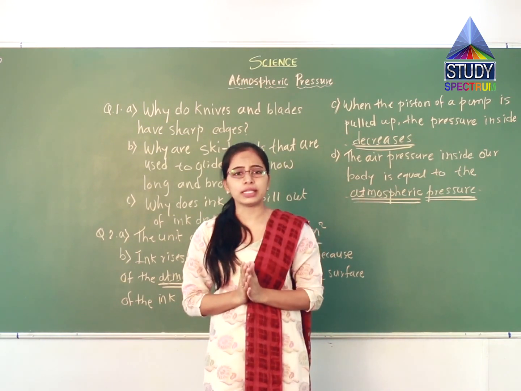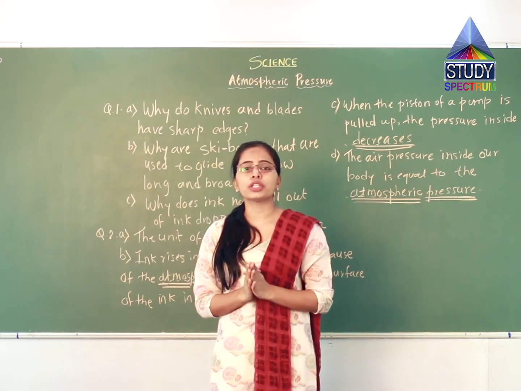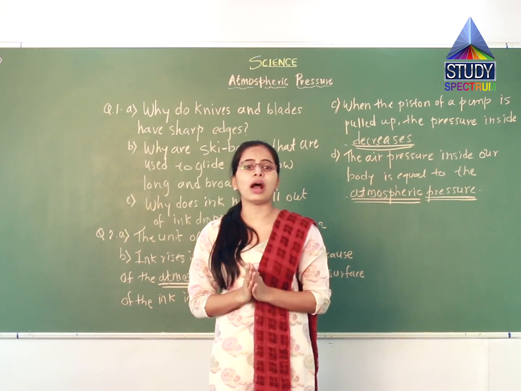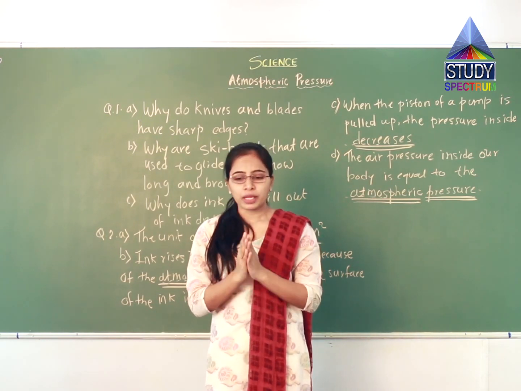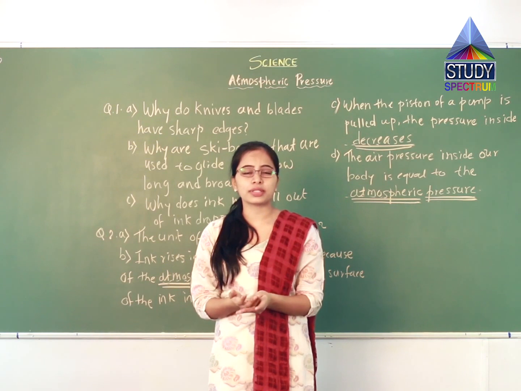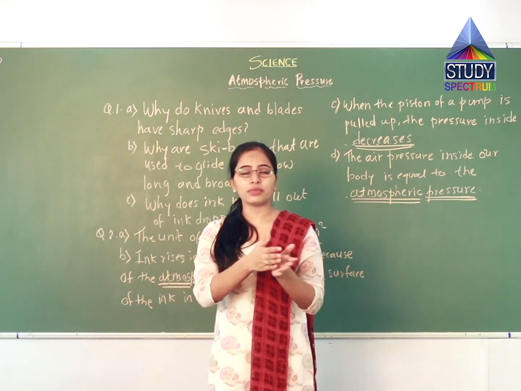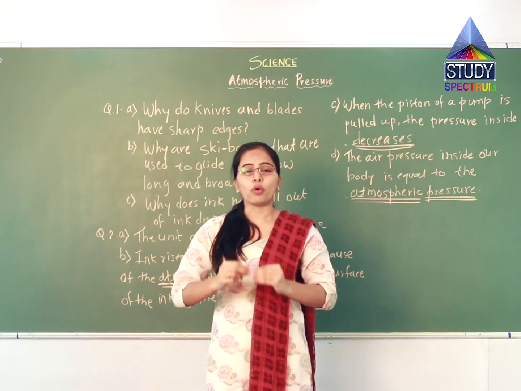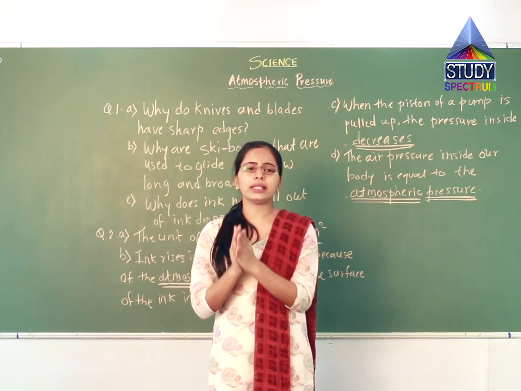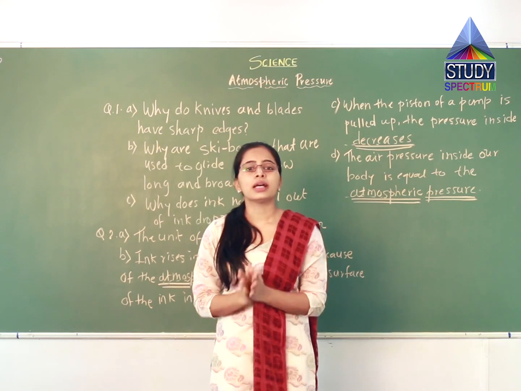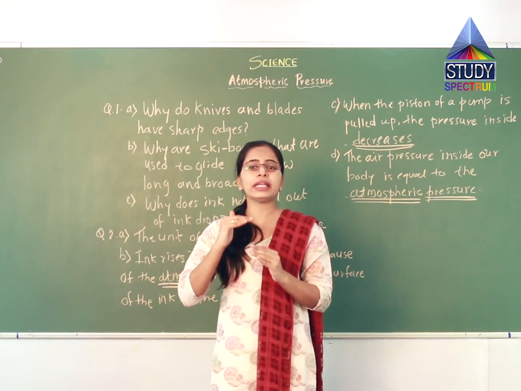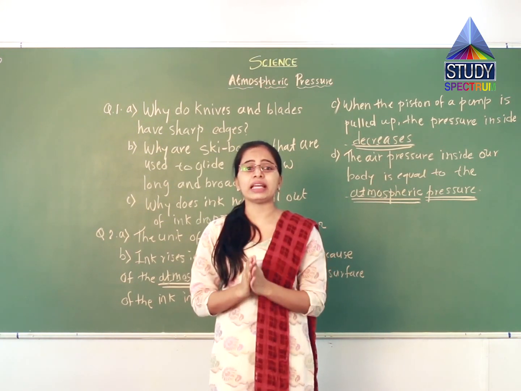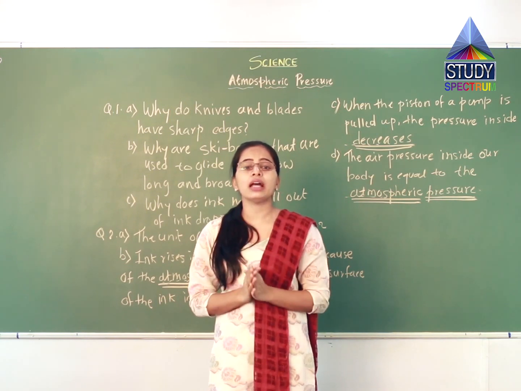The next question is, why is a fountain of water seen rising out of a leaky pipe? You must have seen this. There are some water pipes which supply water to us. If there is leakage, water flows like a fountain. Why is this so? The answer is, the pressure of the water flowing in a pipe is greater than that of the air outside.